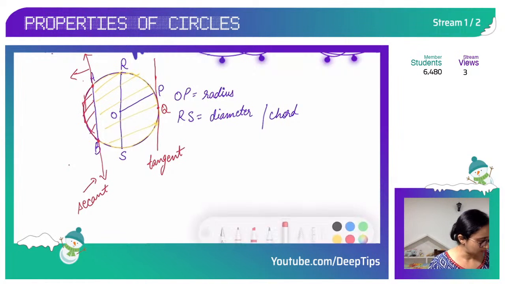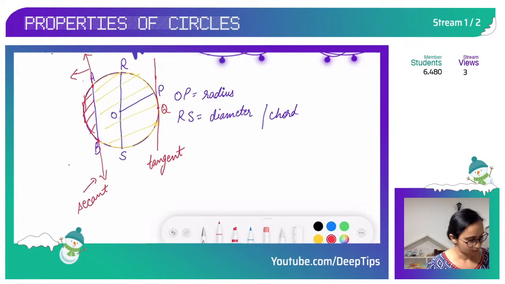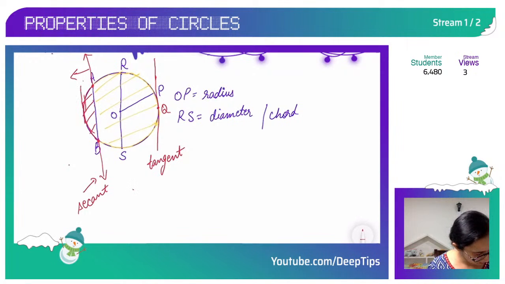Yeah. So if I bring my secant here so that A and B coincide, then it becomes a special type of secant which is called a tangent. Okay. So a tangent is a line which touches the circle at a unique point. So this is the difference between secant and tangent: a secant intersects at two points and a tangent touches at one point.